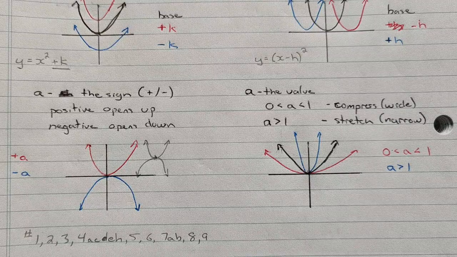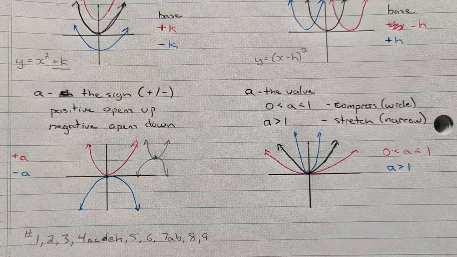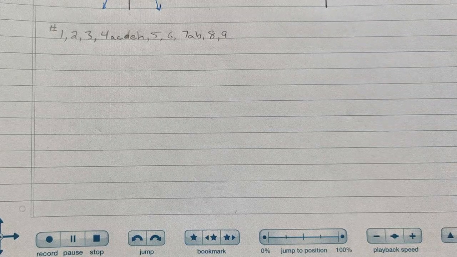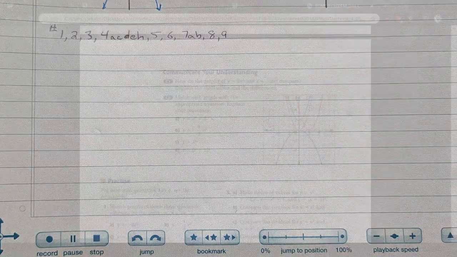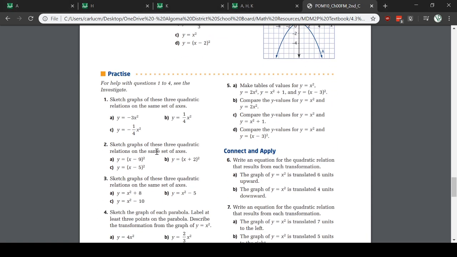So I'm going to start with number 1 quick, just how to sketch out these graphs. Number 1 in the textbook, when we want to sketch these graphs on the same set of axes, y equals negative 3 x squared.